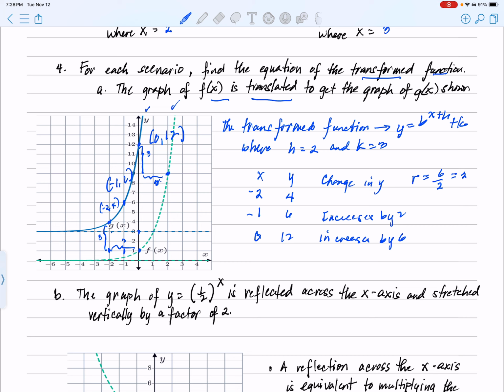This means that b is equal to 3. So we could make g of x be 3 to the power of x plus 2, then plus 3. That's the vertical shift.